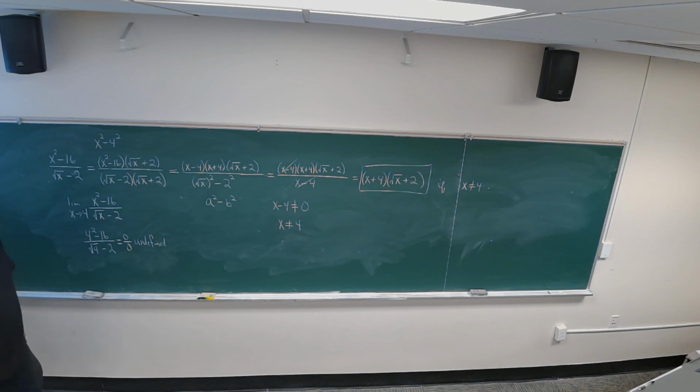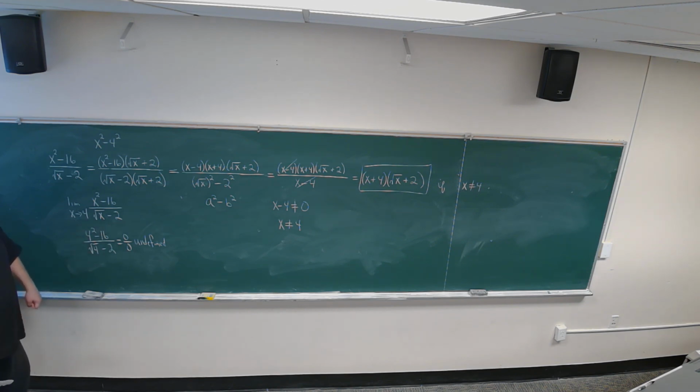But the limit may still exist. So this quotient is undefined at x equals 4, but the limit may still exist, okay? Because we're interested in the value of this quotient as x gets close to 4, not at 4.